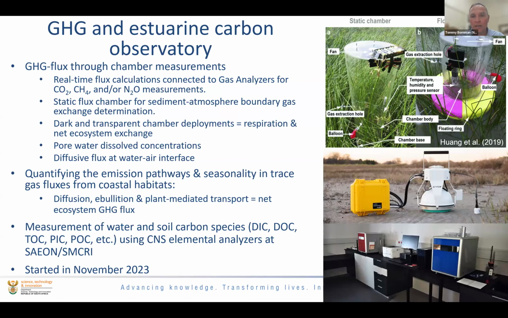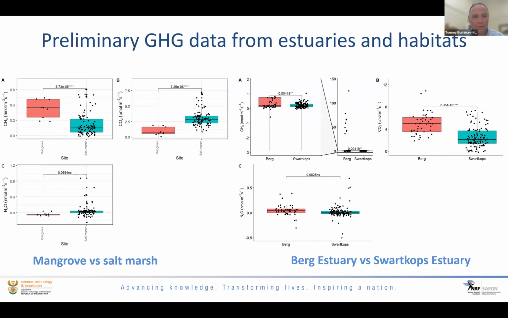We do cores. We slice the cores and collect sediment samples and analyze them for all the species of carbon at our laboratories that we have in Gqeberha at the moment. So this we started in November 2023 and have been collecting very valuable data.